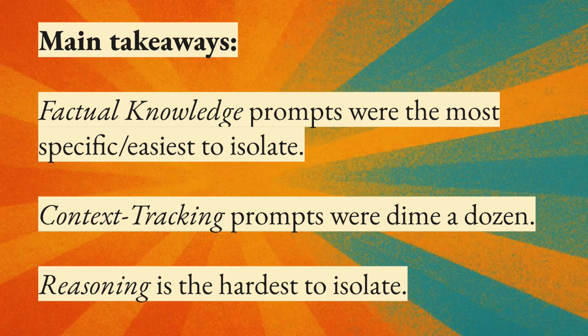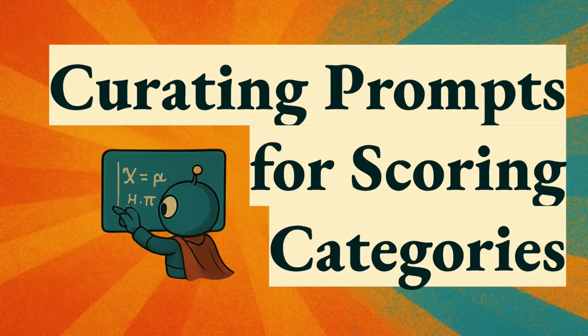I'm going to try to stick to context tracking moving forward because I think it's a more straightforward and precise definition than consistency. And then reasoning is the hardest to isolate because context tracking and reasoning sometimes are very similar or hard to differentiate if the prompt is not strongly designed to evaluate reasoning.